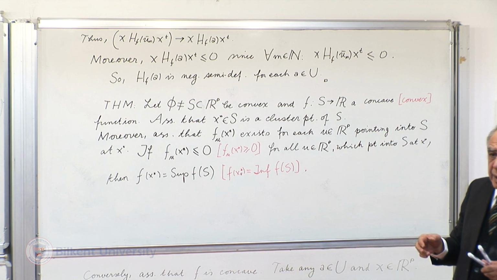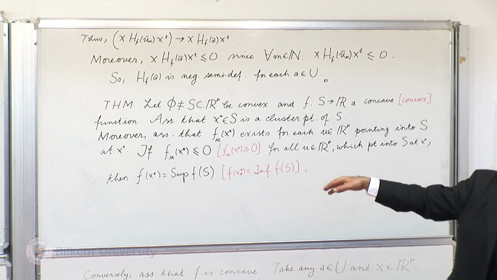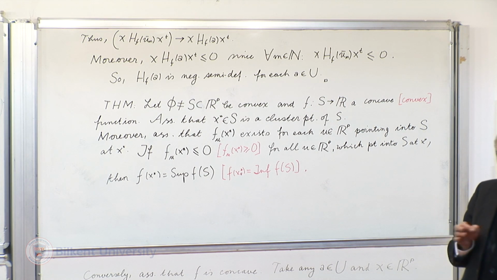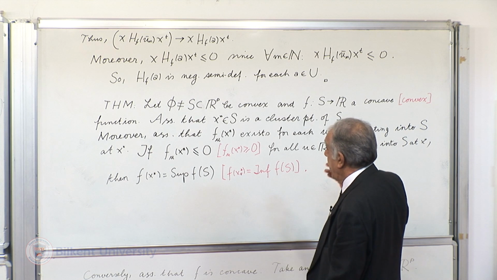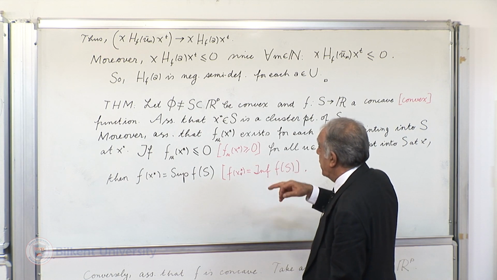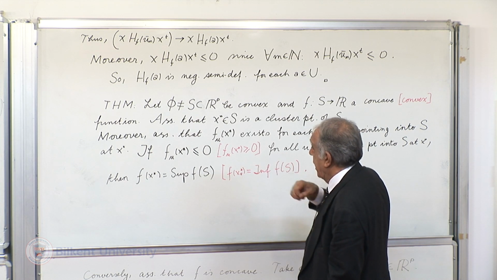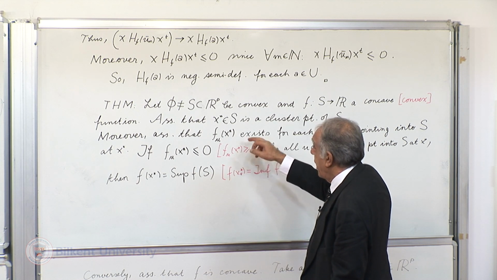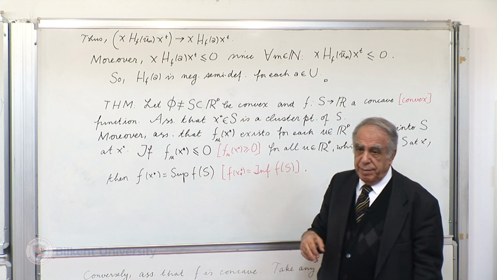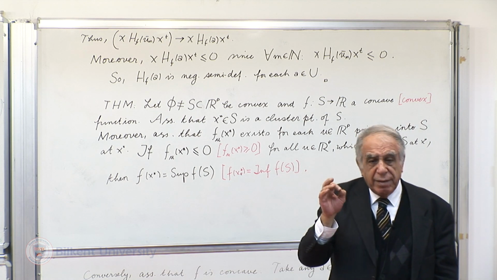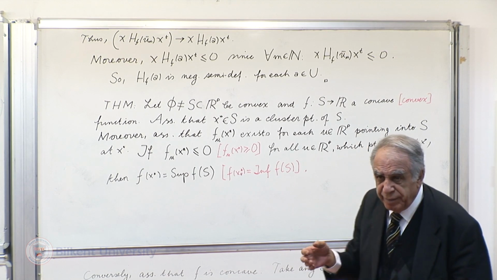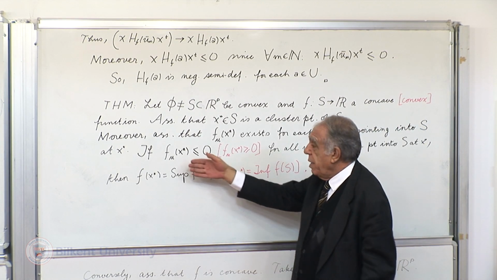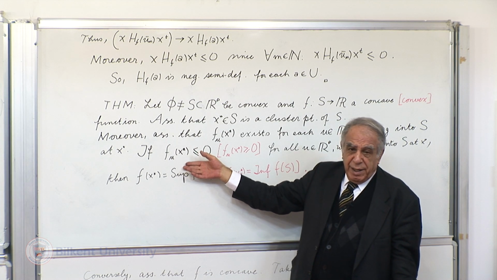Well, this also automatically implies, if f is differentiable at x star and x star is an interior point of S, then the derivative at x star being equal to the 0 function, for a concave function, will imply this.